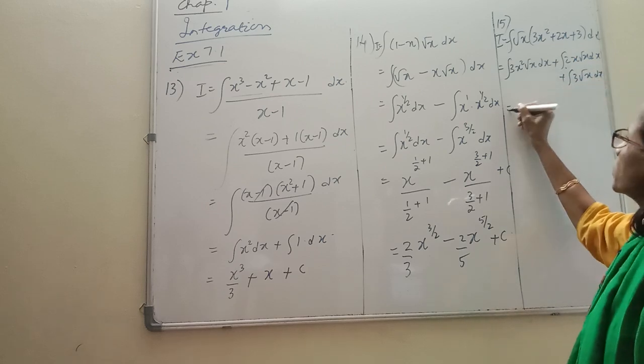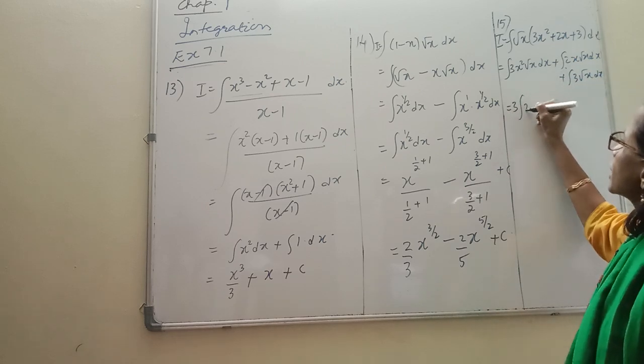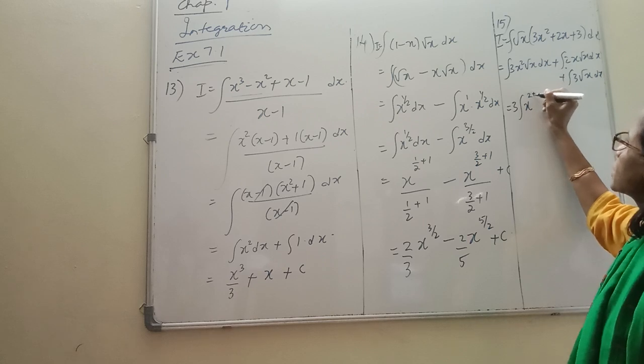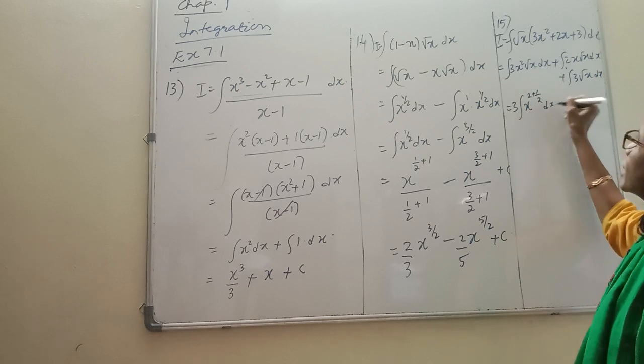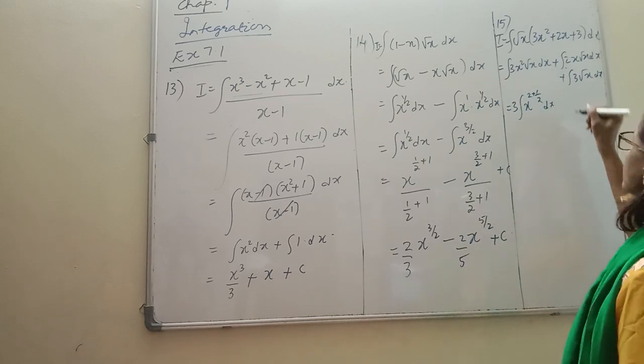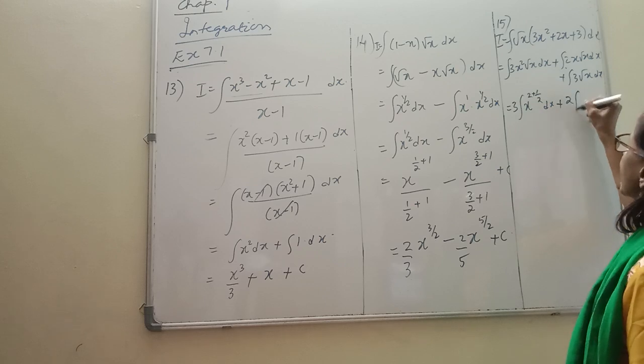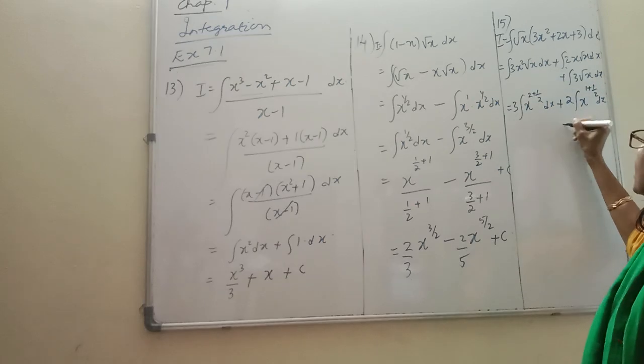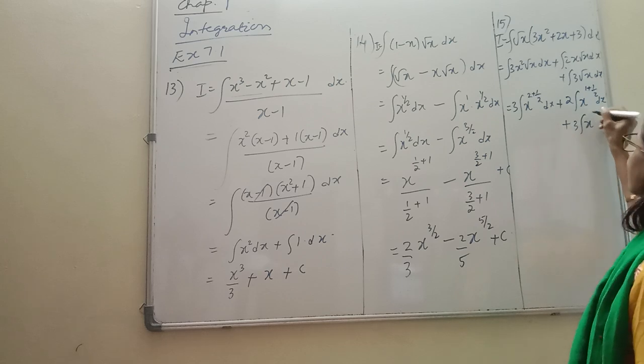So let's look at the exponent. This is 3 times x raised to 2 plus half. Also this will be x raised to 1 plus half, and this will be x raised to half.